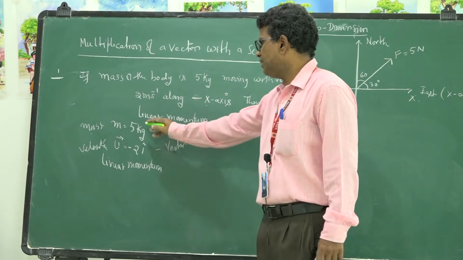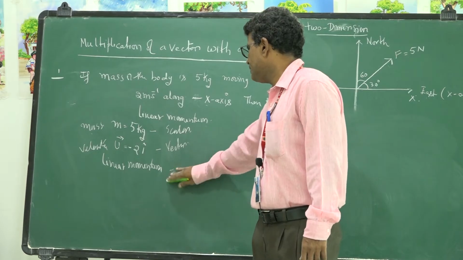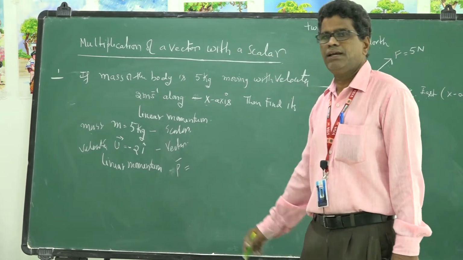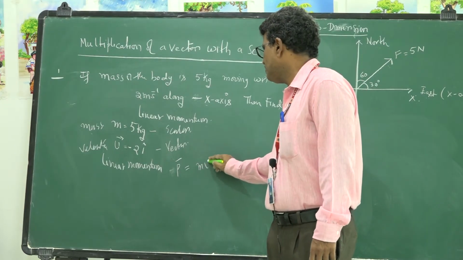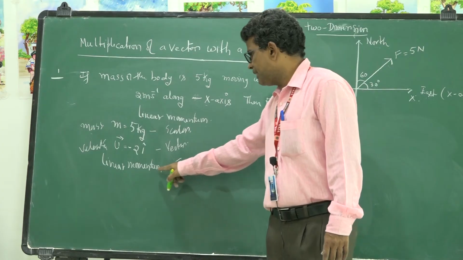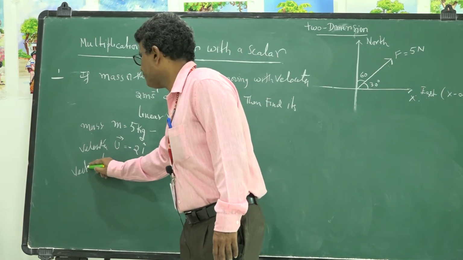So this mass multiplied with velocity gives linear momentum. Linear momentum is represented with p bar. p bar is equal to m v bar. So linear momentum is also a vector quantity.